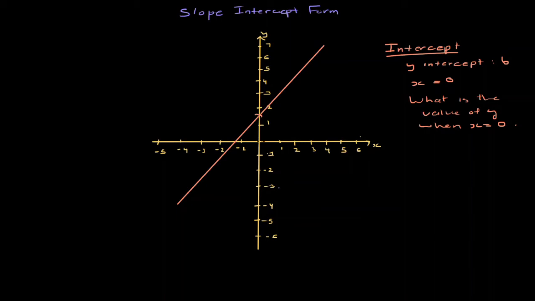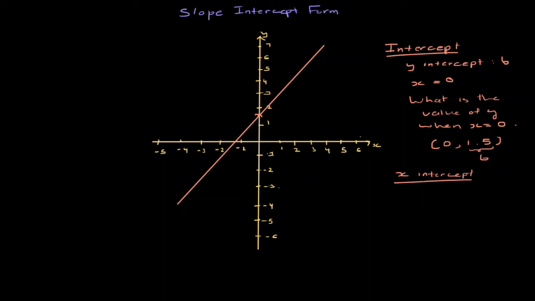That value is b, the y-intercept. In this case, at x equals 0, the value is 1.5. So this is (0, 1.5), and this right here is b, the y-intercept.